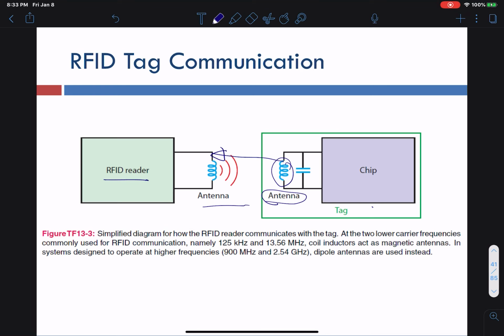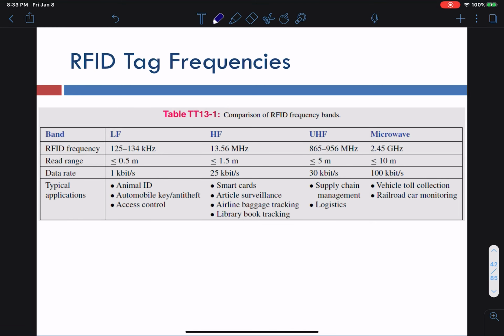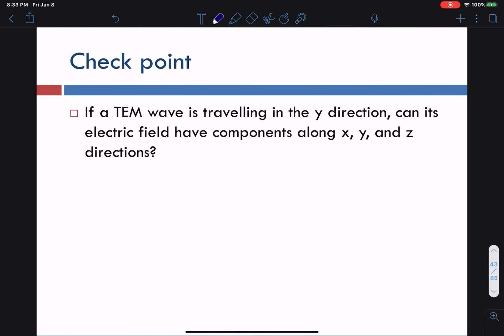That means an active tag could work over a long distance. If you have a passive one, it needs to be closer because you need a strong signal from the tag reader to produce enough current in the tag. There are different frequencies: low frequency, high frequency, ultra high frequency. Low frequency means your data rate is lower, and ultra high frequency means a higher data rate and longer distance. All right, so that's all.